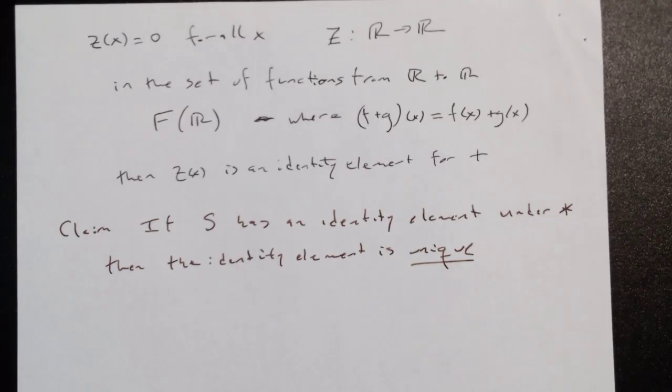I just have to remember how. These were almost always proofs by contradiction. So I'm going to assume there are two of them and show that they can't be different.